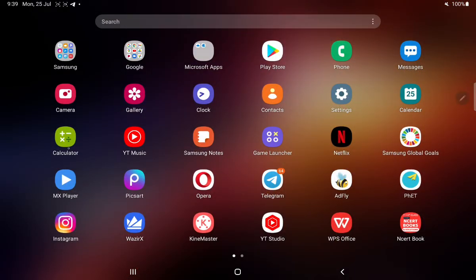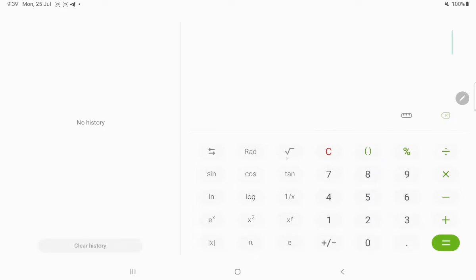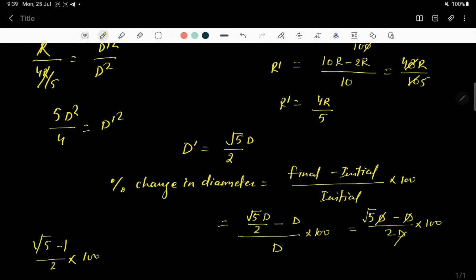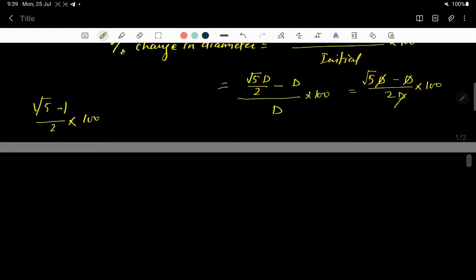If we find the value of root 5, that is 2.236, so we can write it as 2.24. Put this value here, so it becomes 2.24 minus 1 upon 2 into 100.